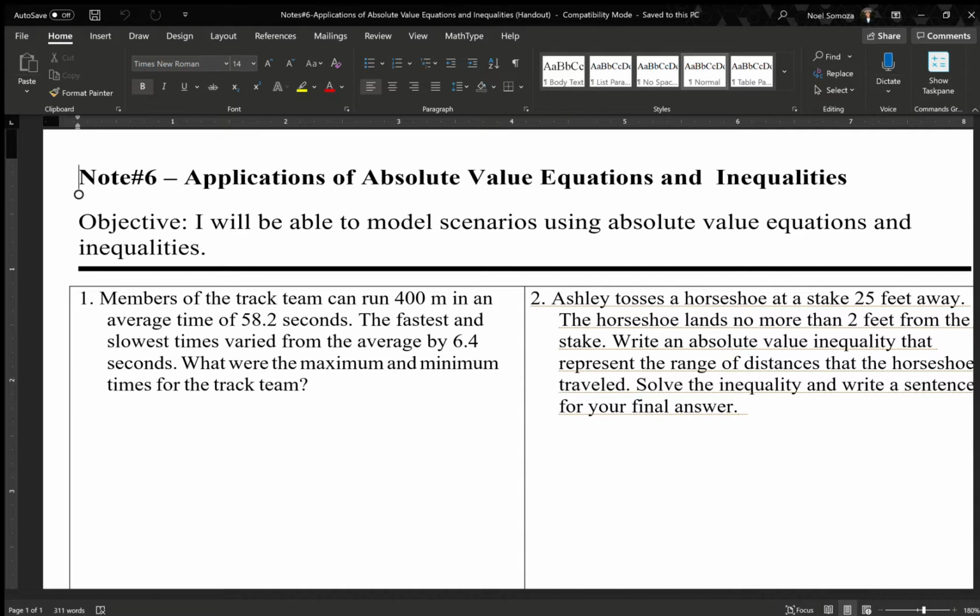That becomes absolute value, because remember it's like a distance. If it's 0, you can be 7 steps this way or 7 steps that way. It's the same thing with time. 58.2 seconds, I can be 6.4 seconds faster or 6.4 seconds slower. So that's really all it is. If you can see the number line, where I'm at, and I'm either 7 steps this way or 7 steps that way, that becomes absolute value. So here we go. Let's set this up.